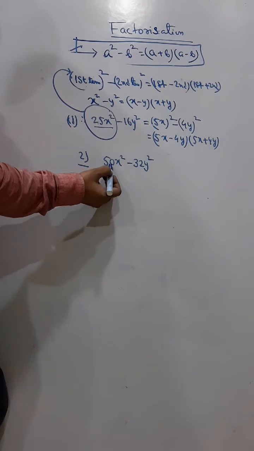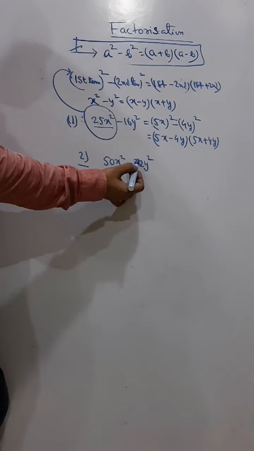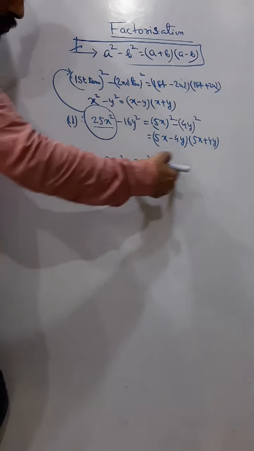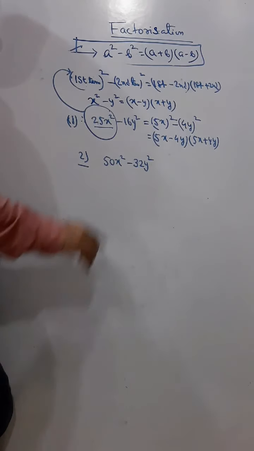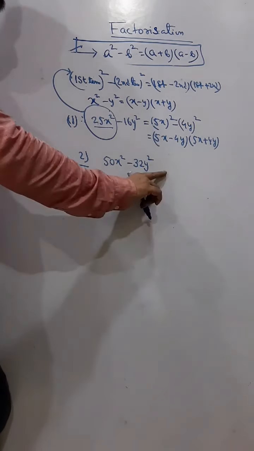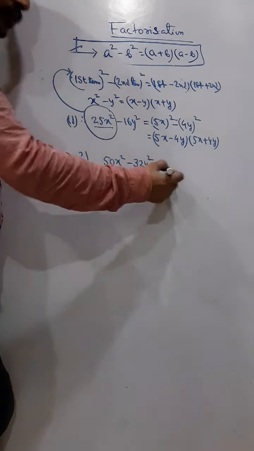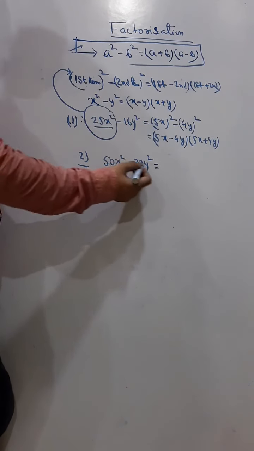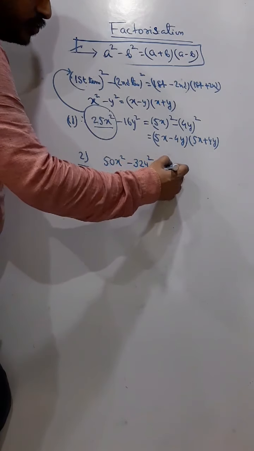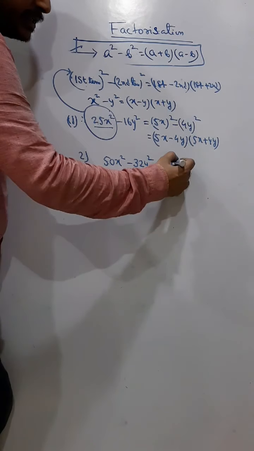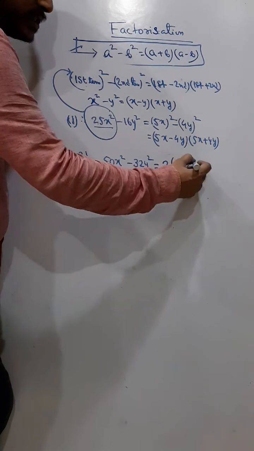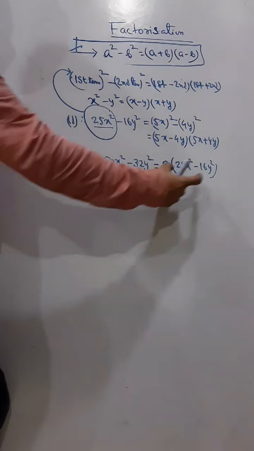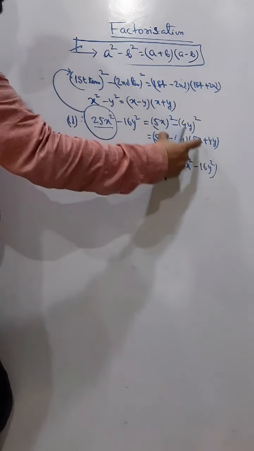But you can understand that something is common in the whole expression. So always look at the question properly, and if you get something common, first take that common. So from here I can take 2 common. Then I get 25x square minus 16y square.